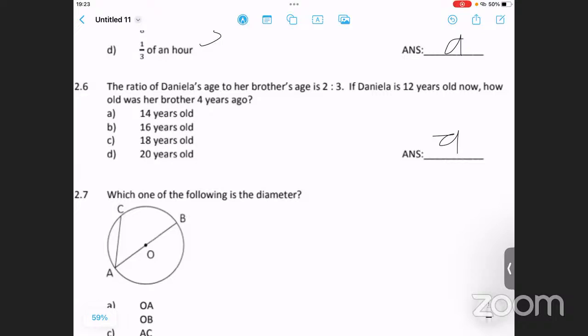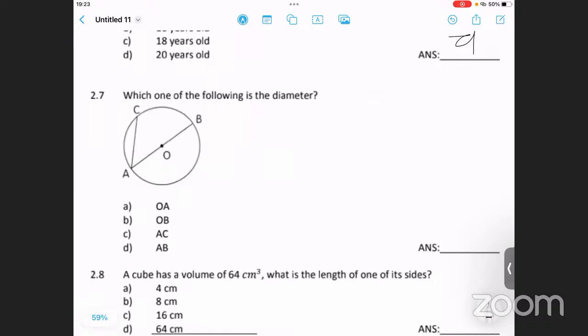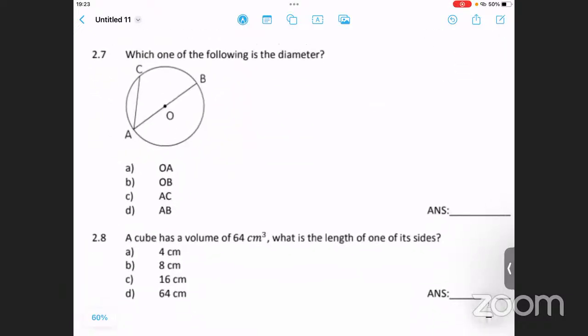Ma'am, what I did is that I divided the 12 by 2 and then I times it by 3. So I got 6 times 3, I got 18. 18 minus 4, I got 14. Okay, cool. Perfect.